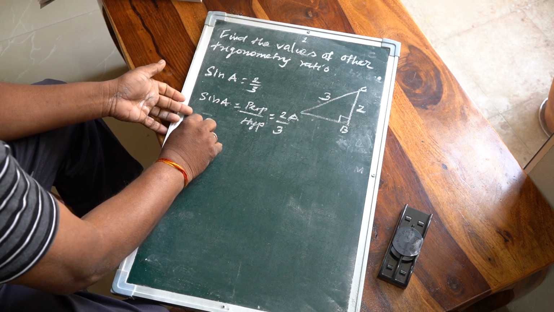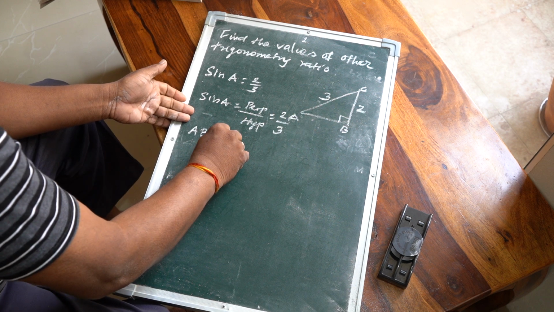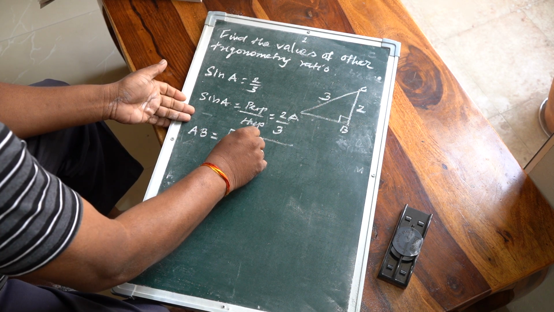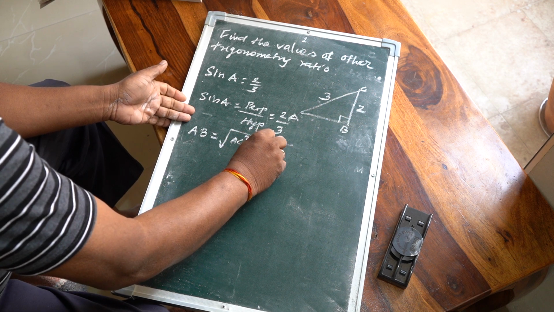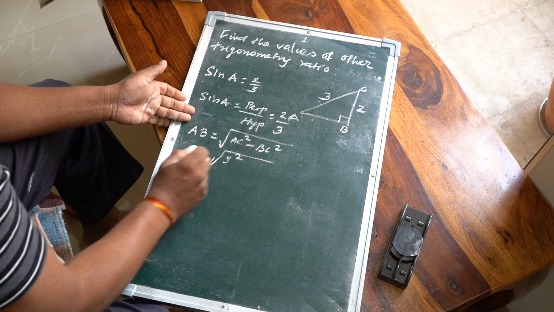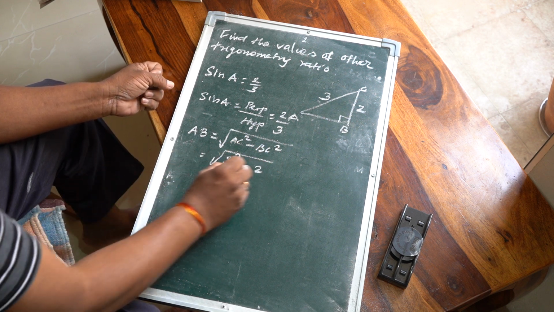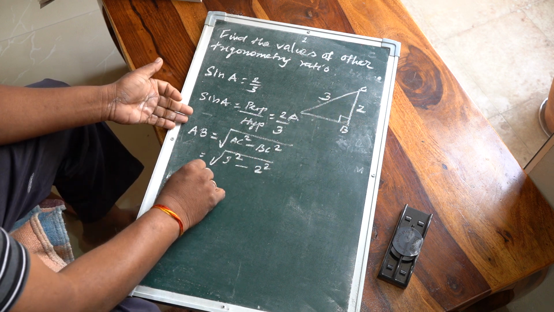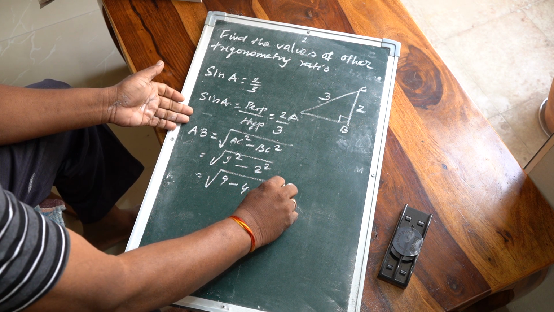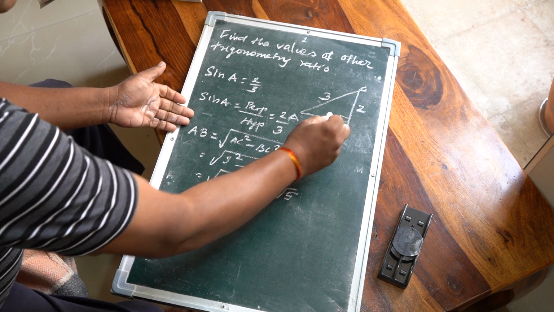AB is the square root of AC square minus BC square. AC square is 3 square, and BC is 2 square. So that is the square root of 9 minus 4, which is the square root of 5.